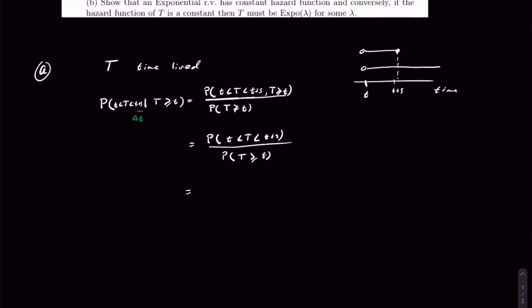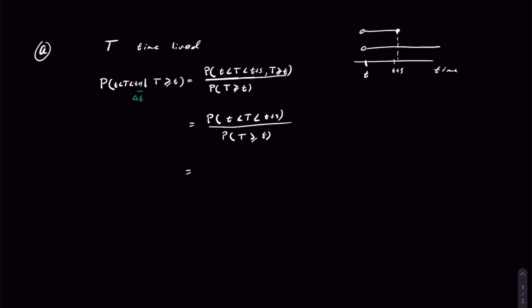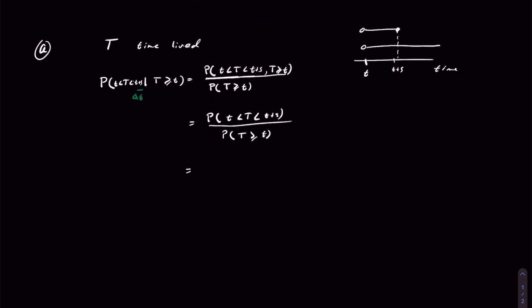Well, the numerator here is basically the CDF at t plus s minus the CDF at t, and this expression below is the survival function, but I'm going to come back to it in a moment.